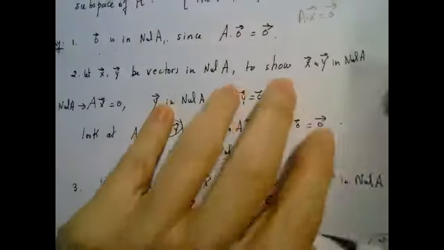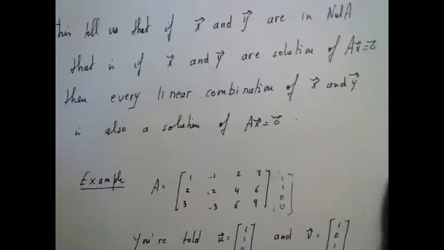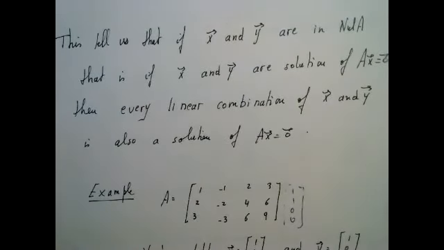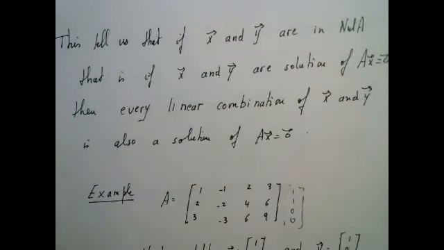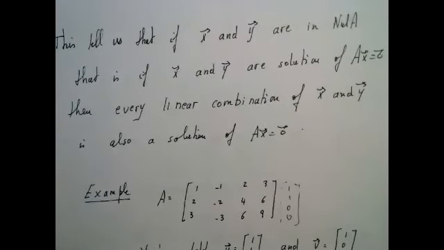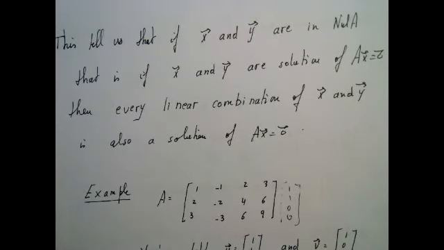So we finish with a simple example. Actually, here I'm trying to explain it a little bit more. This tells us that if X and Y are in the null space, that is, if X and Y are solutions, then every linear combination of X and Y is also a solution. That's really what I'm saying.